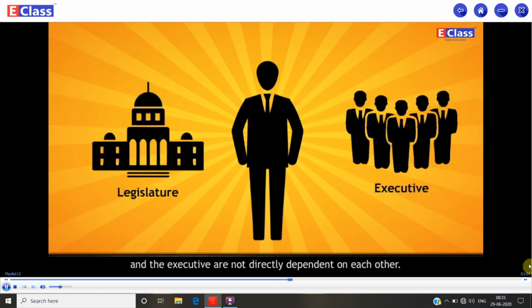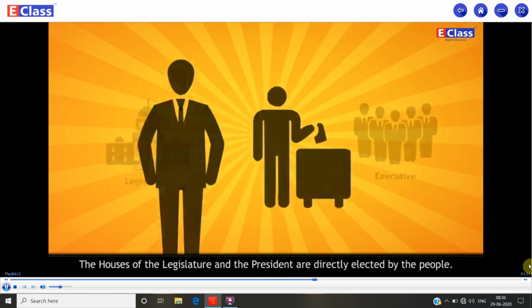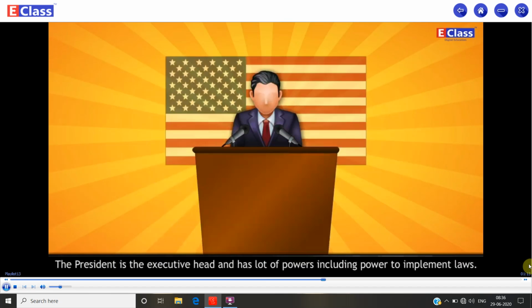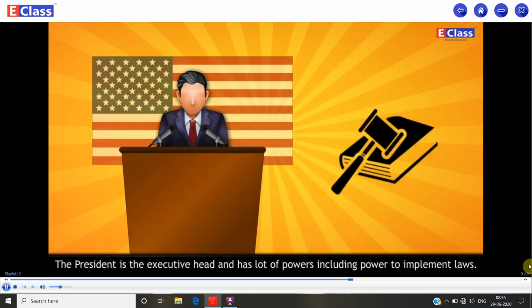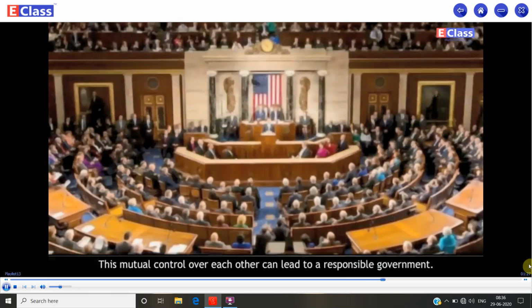The houses of the legislature and the president are directly elected by the people. The president is the executive head and has a lot of powers, including the power to implement laws. In spite of such a structure, the legislature and the executive keep a check on each other. This mutual control over each other can lead to a responsible government.